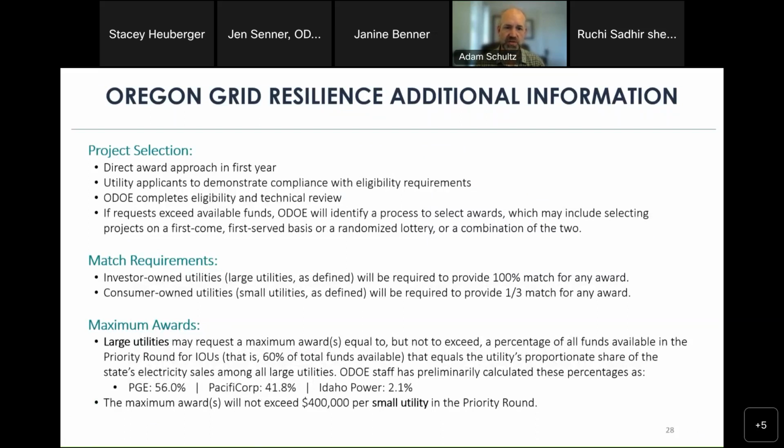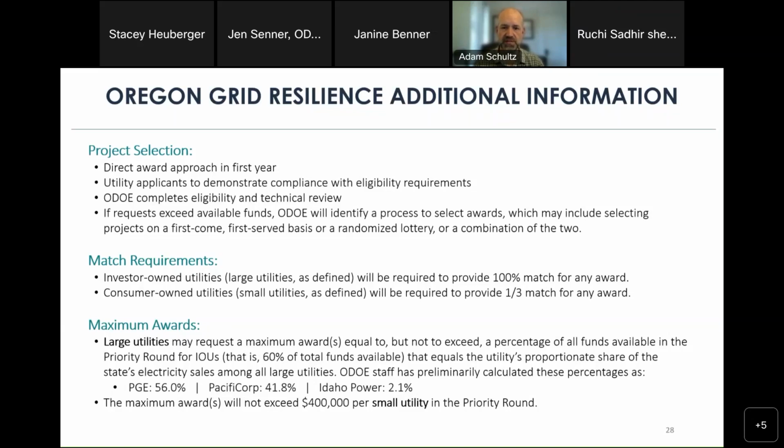We also propose that the utility applicant will be required to demonstrate compliance with the eligibility requirements, subject to an eligibility and technical review by ODOE staff. If more funds are requested than are available, ODOE will identify a process for making awards that may include first come, first served, a randomized lottery, or some combination thereof. And you'll see more details about our thinking there in the draft narrative.